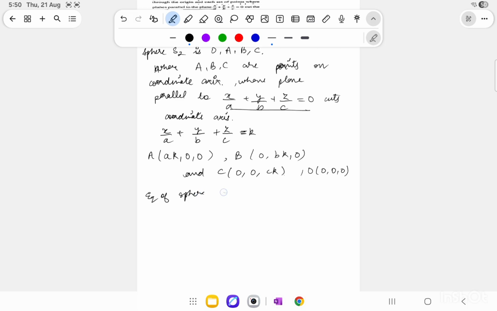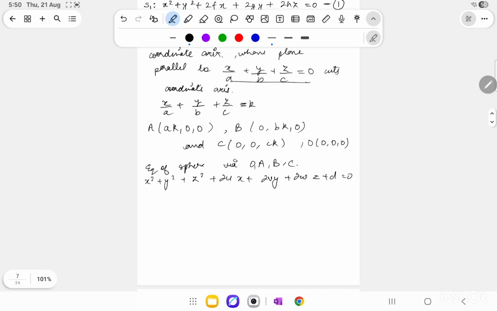The equation of the sphere via O, A, B and C will be, let us assume any arbitrary equation of sphere, that will be x square plus y square plus z square plus 2ux plus 2vy plus 2wz plus d equals 0.